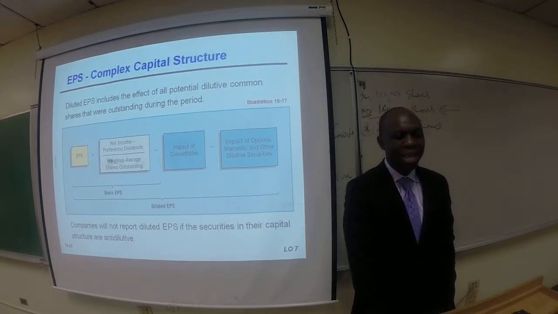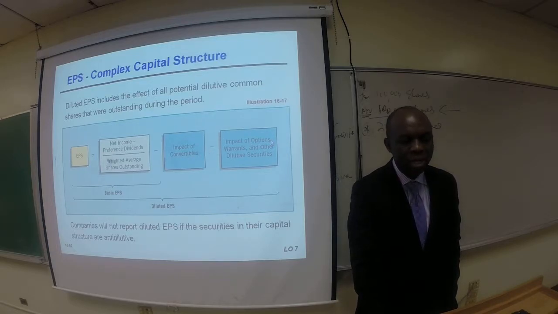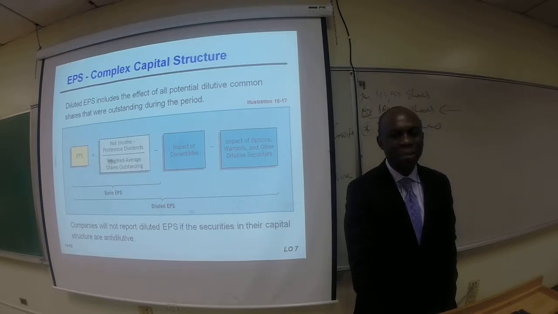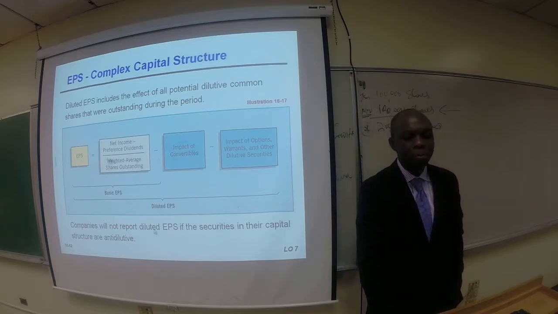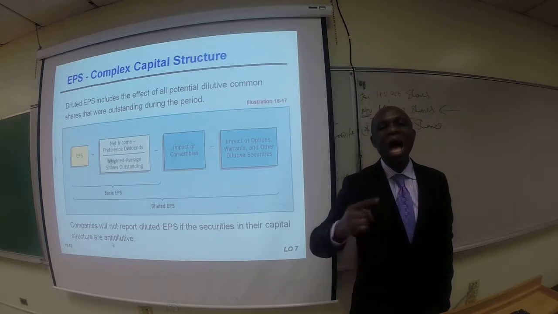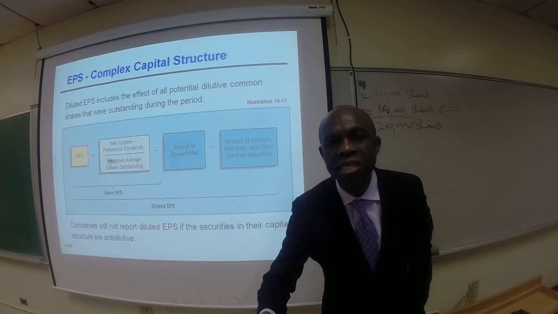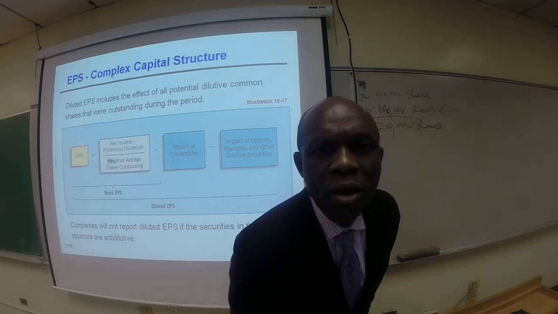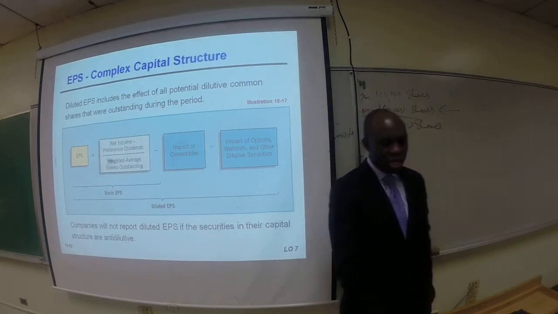Then divide by weighted average shares outstanding minus impact of convertibles minus impact of option, warrants, and other dilutive securities. That will now give you diluted EPS. So companies will not report diluted EPS if the securities in their capital structure are anti-dilutive. That's another fancy word that we are going to talk about in a minute.